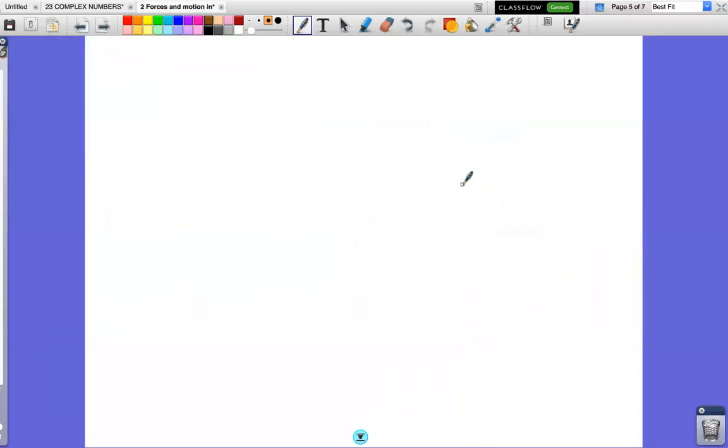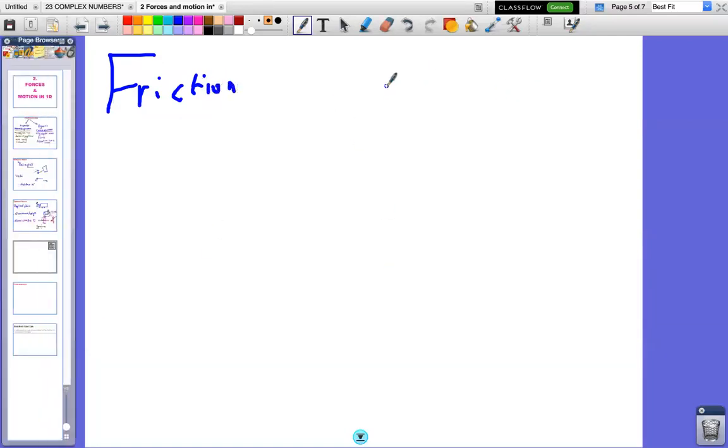The next type of force I would like to talk about is friction. Friction will act on any two surfaces.